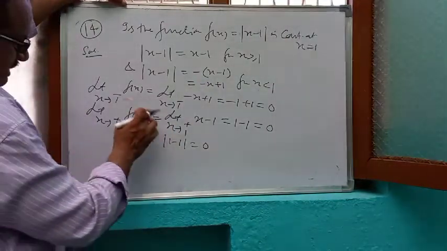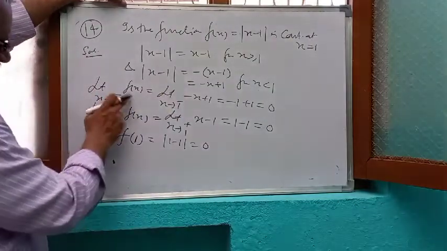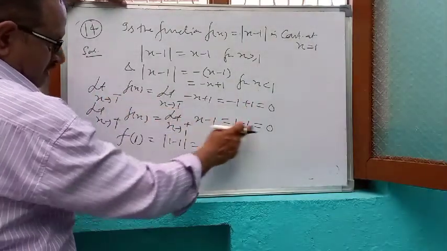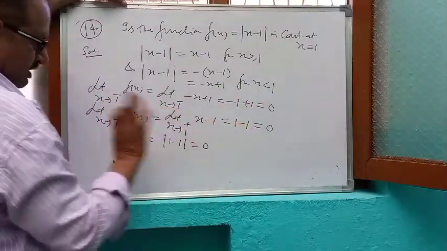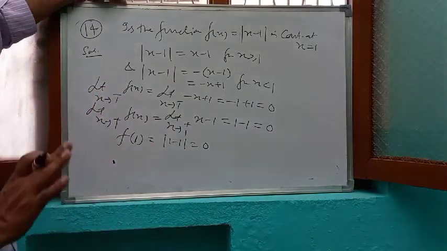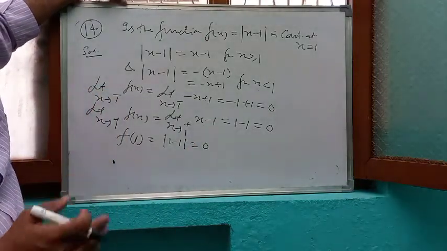So we see that the left hand limit is 0, the right hand limit is 0, and the value of the function at 1 is 0. So the left hand limit, right hand limit, and value of the function are all equal.